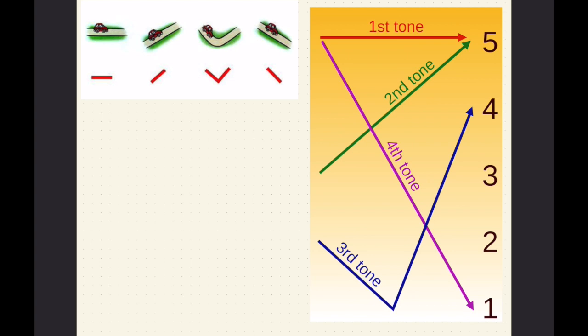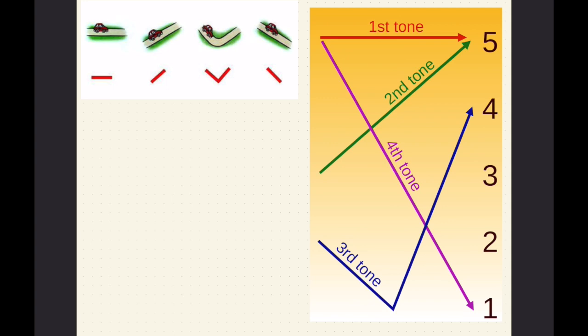If we were to divide human vocal cords into 5 degrees using music as a metaphor, we would have do, re, mi, fa, sol, 5 degrees. And Mandarin has 4 tones.